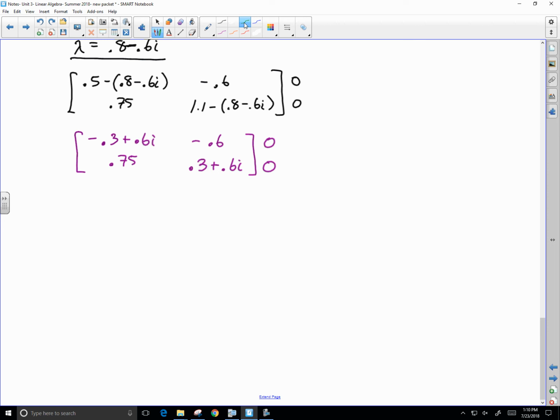Well, we might as well just do it. So I need this 0.75 to go away. It's already negative to start, so that's good. Actually that's just the leading coefficient there.